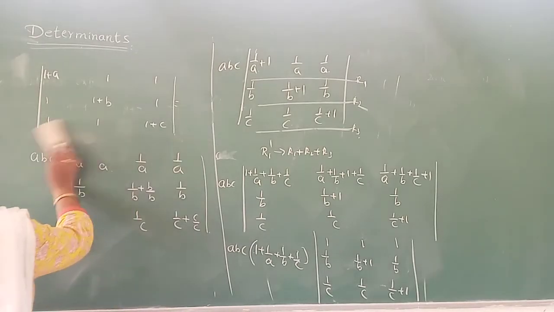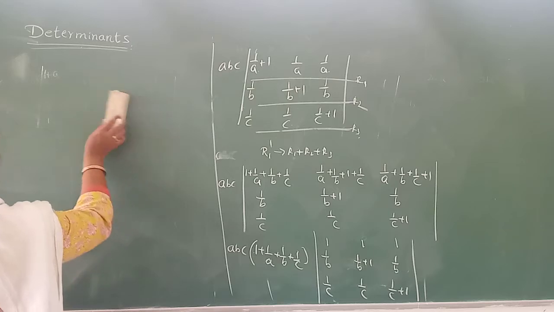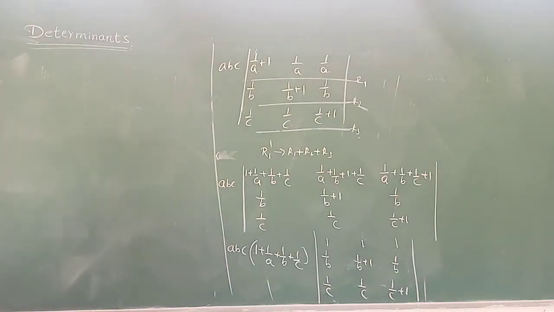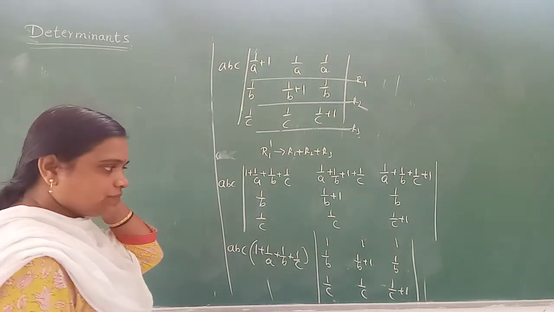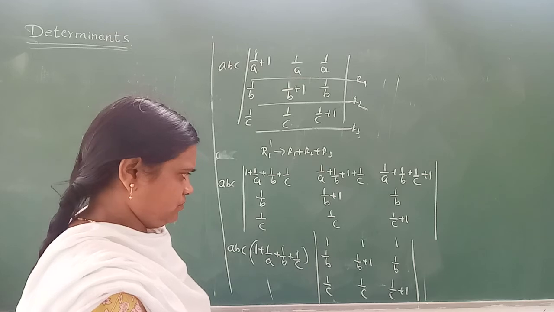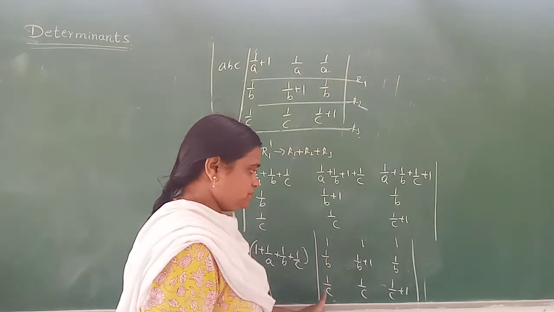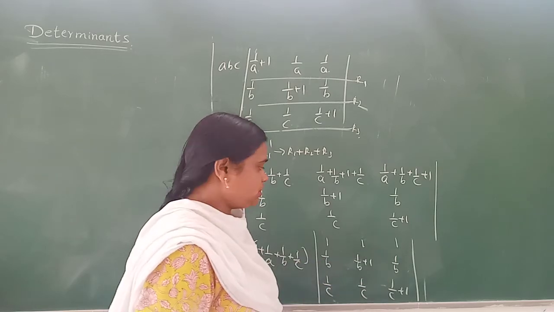For that, again we are applying the properties of determinants. See, this is the C1 column, C2 column, C3 column. Understood?